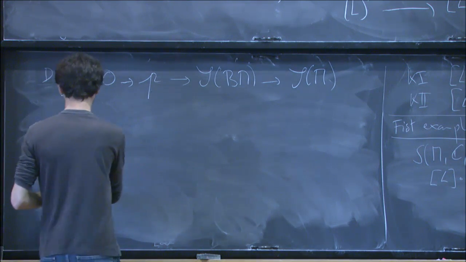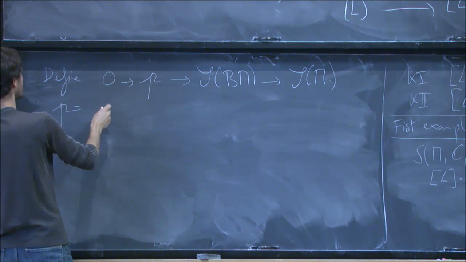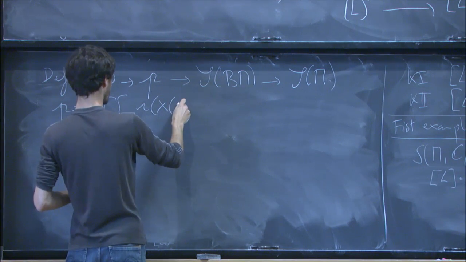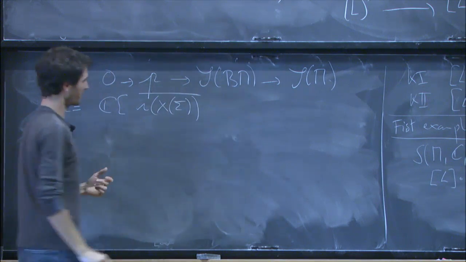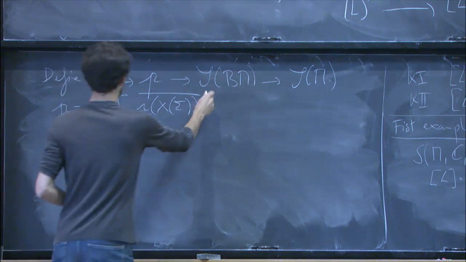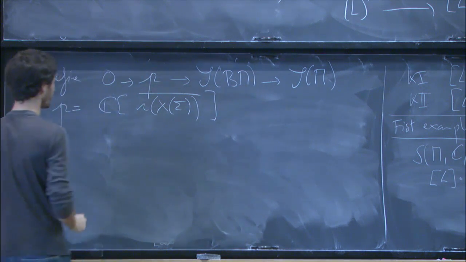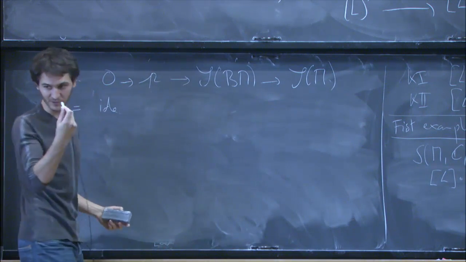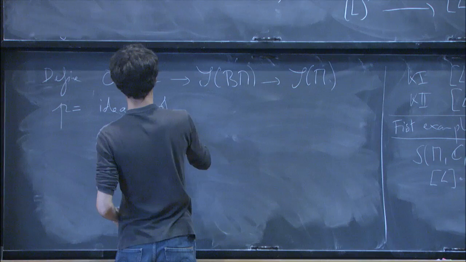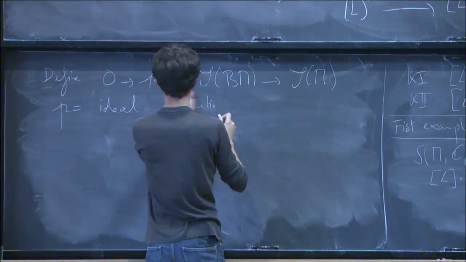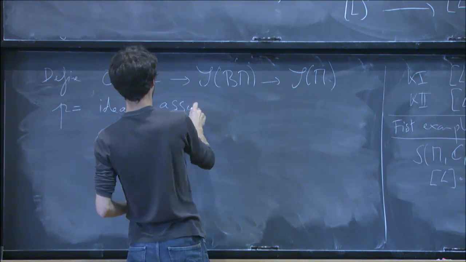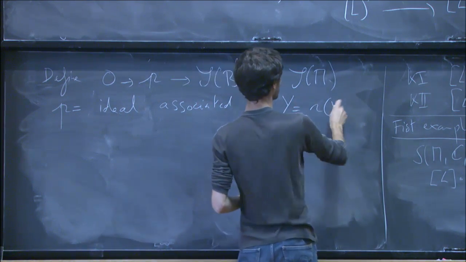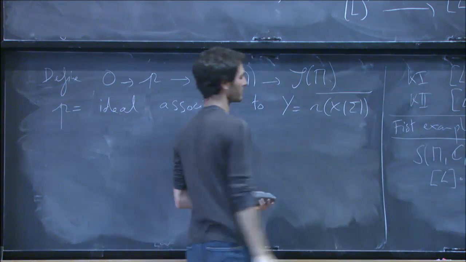So indeed, P is the algebra of functions on the image of X of sigma, Zariski closure here. So you have to think of it as the ideal, a quotient, the ideal of functions associated to this Y, which by definition is the restriction of the character variety.